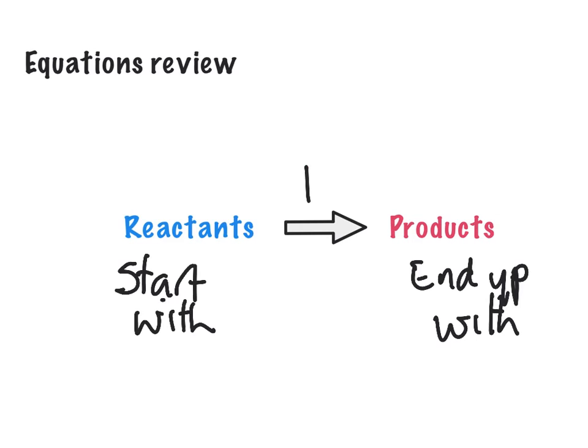And the arrow, I like to think, means changes into. So what we start with changes into what we end up with. And that's simply put. Now keep in mind that everything we start off with is called reactants. Everything we finish up with are called products.